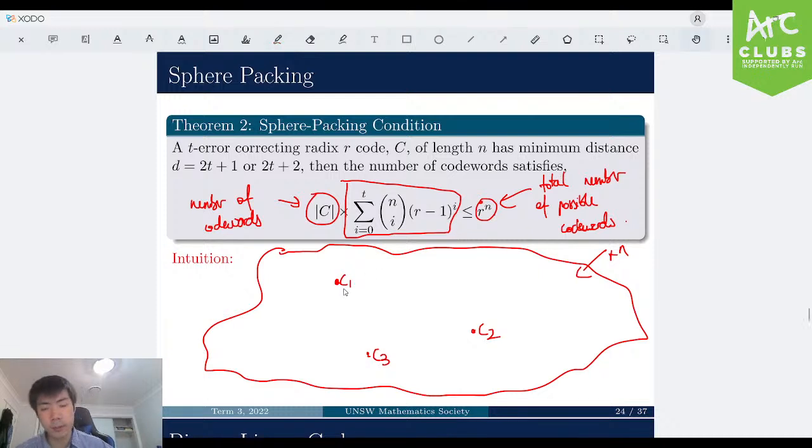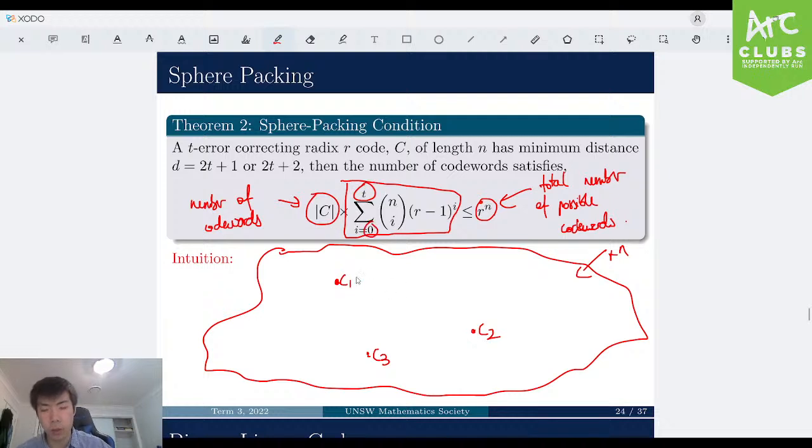And in the vicinity of C1, if we're using the minimum distance decoding strategy, what are we willing to correct up to? Well, if the minimum distance is d, under the minimum distance decoding strategy, we're willing to correct up to exactly t errors, right? We're willing to correct anywhere between 0 and t errors.